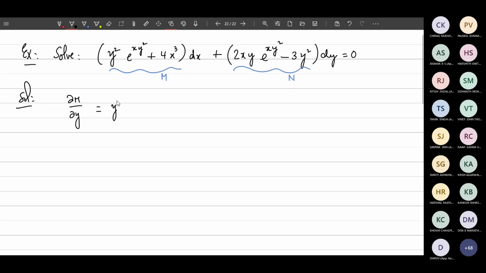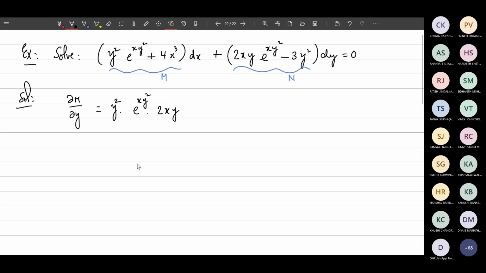So I take y square as it is, and the derivative of e power xy square with respect to y: e power xy square into the derivative of xy square with respect to y, that means x is constant, 2xy.